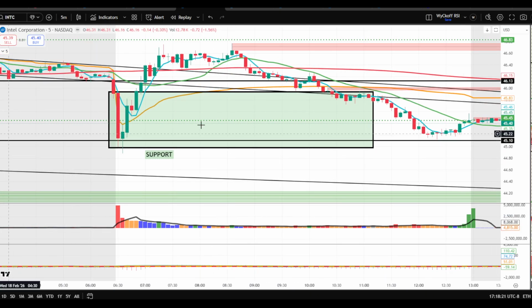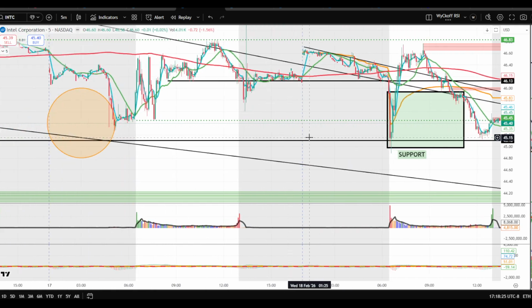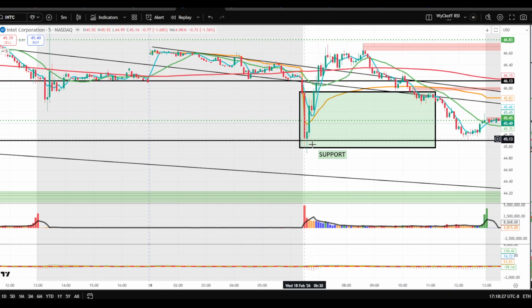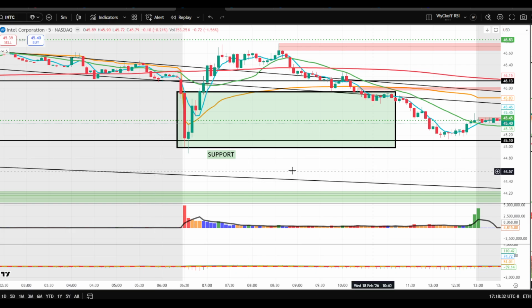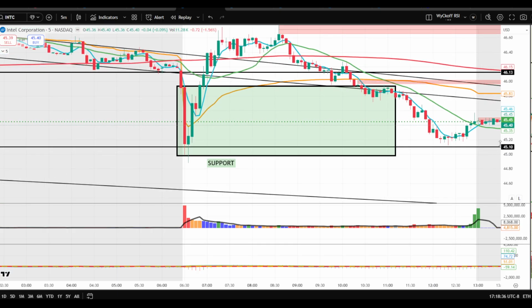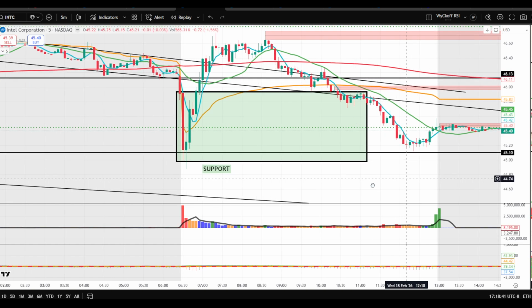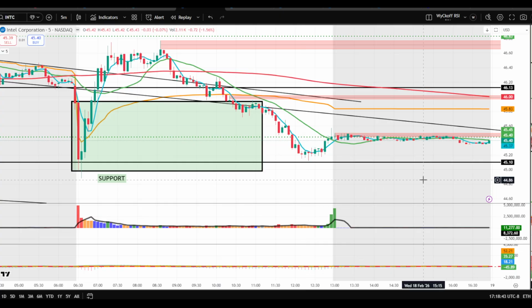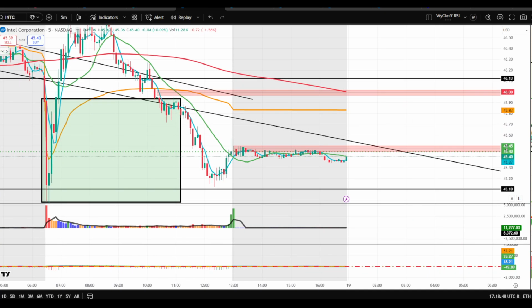We looked back and knew this was a strong area of support, so when it got to it and you saw a reaction, you could take a chance, put your stops appropriately, and take a reasonably good trade. So that was the trade on Intel, and how you go about looking at and considering possible trades.